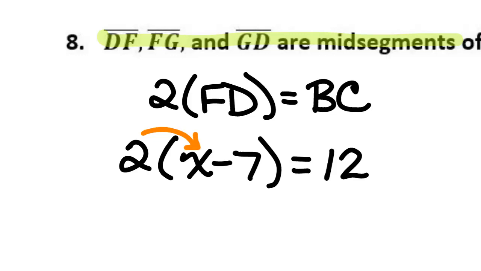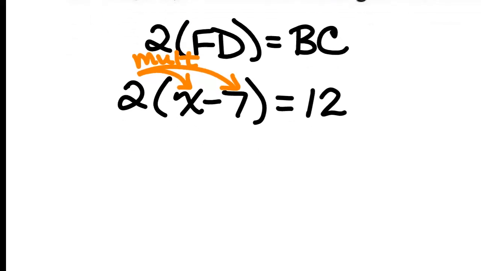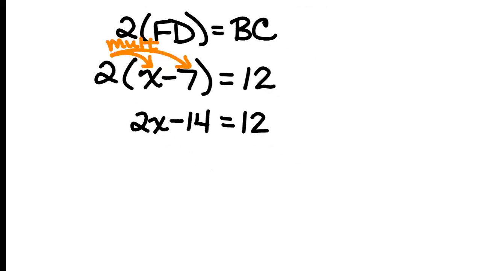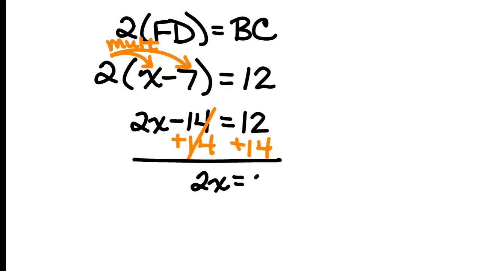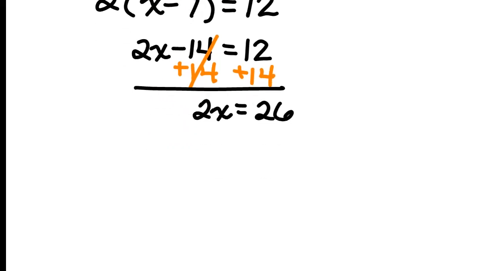I take this 2 and I distribute it. Remember, when we distribute, we are multiplying. So that would give me 2x plus 14, or sorry, minus 14. 2x minus 14 equals 12. Then I would add 14 to both sides. I get 2x equals 26.